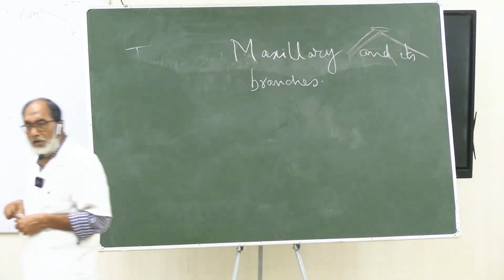Now, the maxillary artery is the branch of which artery? External carotid artery. It is the terminal branch.